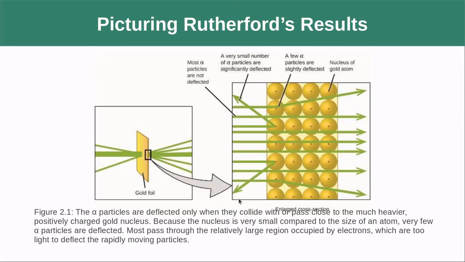We can picture what's happening with the gold foil experiment as alpha particles are coming in. Sometimes they get close to the nucleus and bounce off in a weird direction. Every once in a while they manage to hit one and then deflect back. But for the most part, they just go straight on through, never coming anywhere near a nucleus.